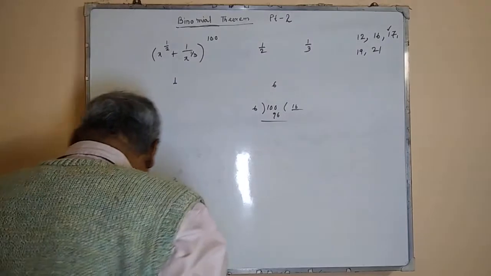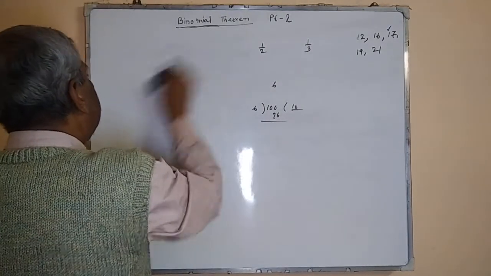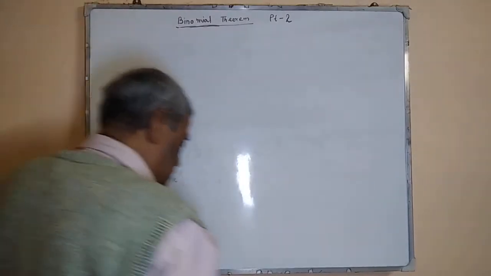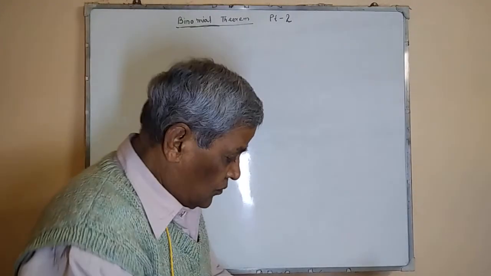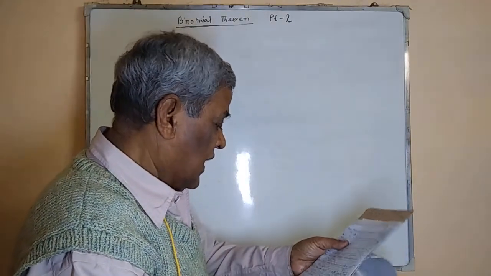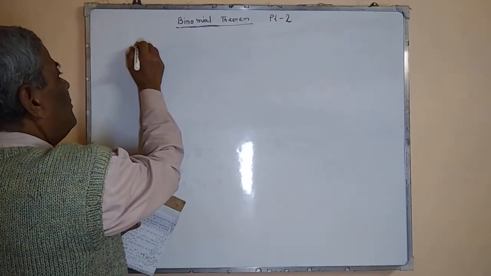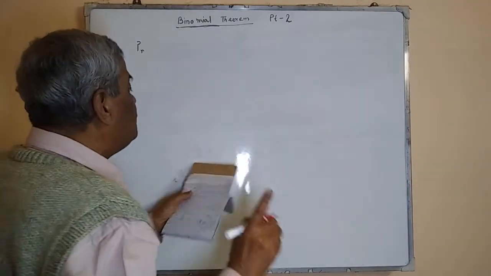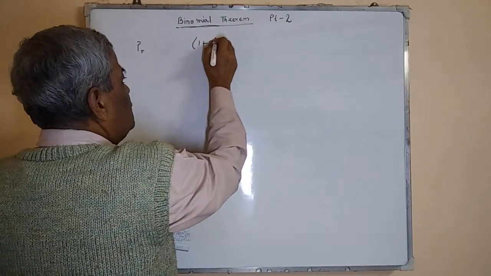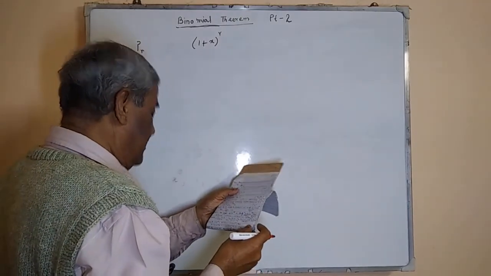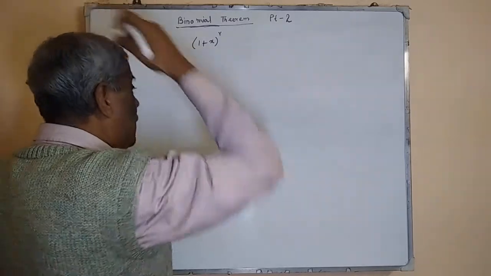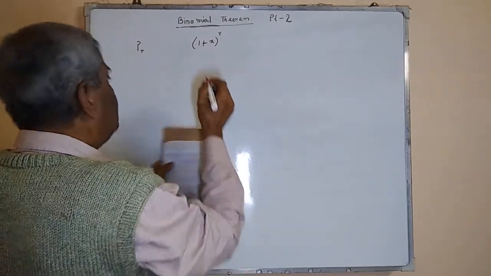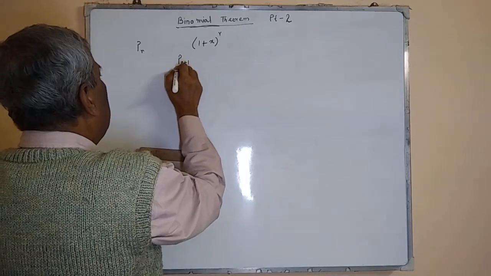So for the second problem: if Pr denotes the product of all coefficients of (1 + x)^r, then find the value of P(n+1) by Pn.